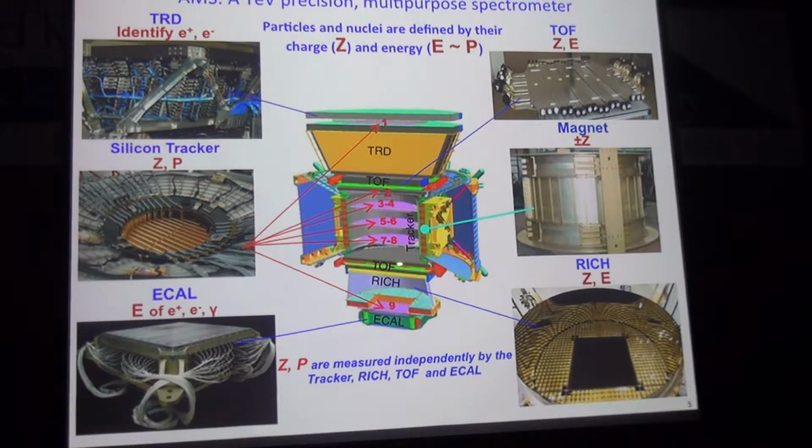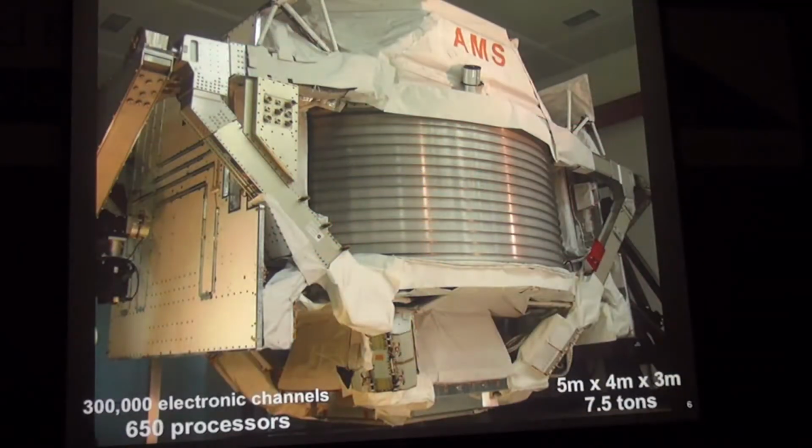And the Cherenkov detector down here measures the charge, and the calorimeter at the bottom. So much of the physical quantity of the particle is measured multiple times with this combination of detectors. This is the detector, ready to be launched.